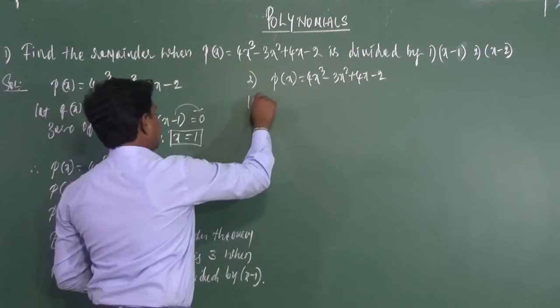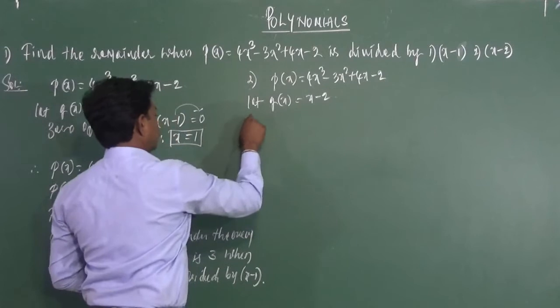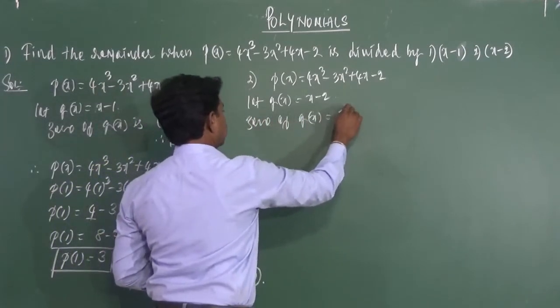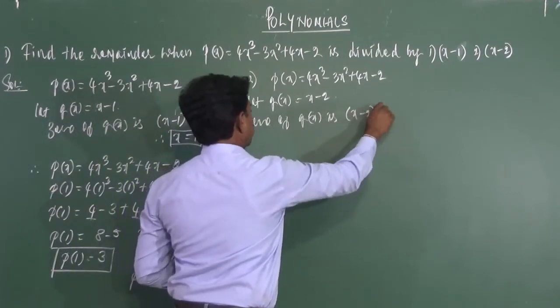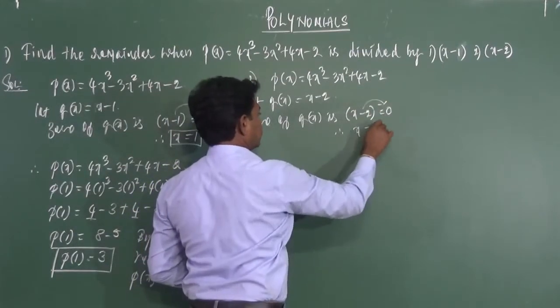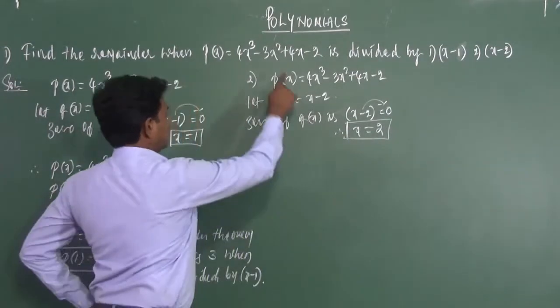Let g of x is equal to x minus 2. So the zero of g of x: x minus 2 is equal to 0, therefore x is equal to 2, as minus 2 gets transposed. So we have to substitute the value 2 in the polynomial.